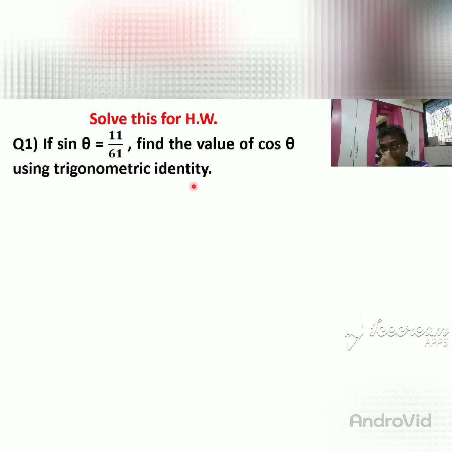So all of my brilliant students, we use the identity sin square theta plus cos square theta is equal to 1. Solve this problem with the identity, and also solve this problem by the PGT method. So I want two methods: one is the identity and one is PGT.